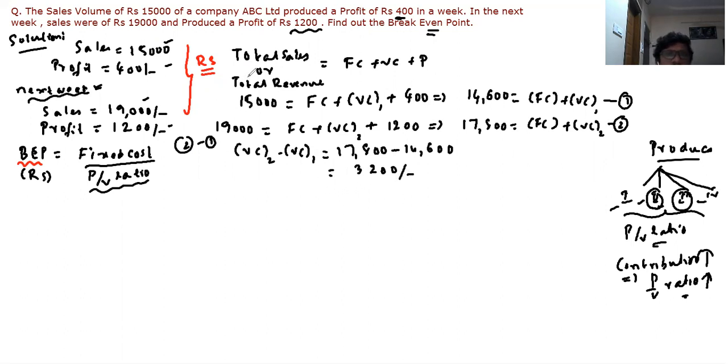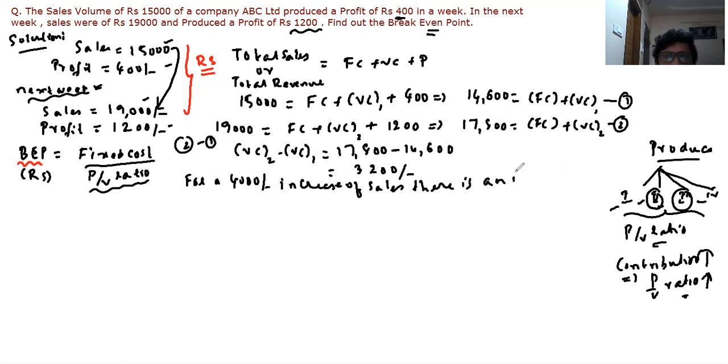We can observe that for an increase of sales from 15,000 to 19,000, a 4,000 rupees increase of sales, there is an increase of 3,200 rupees in variable cost.